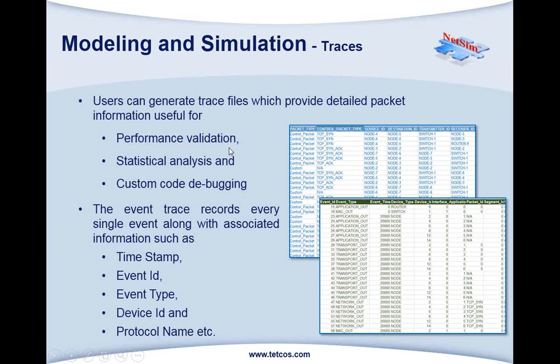So these are available in packet trace. And then event trace will have the detail of all the events going on in the network, like timestamp, event ID, event type, device ID, protocol name, etc. So we'll have the information of packets in the packet trace, and all the activities which are going on in the event trace. We'll have all the details in event trace.